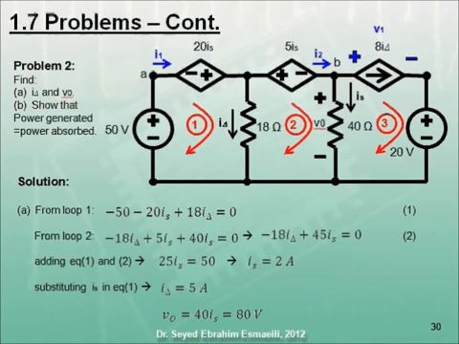In problem 2, we need to find I delta and V0. We also need to show that the total power generated is equal to the total power absorbed.